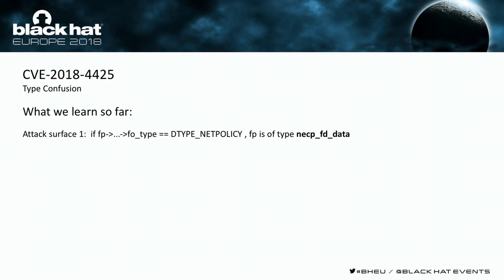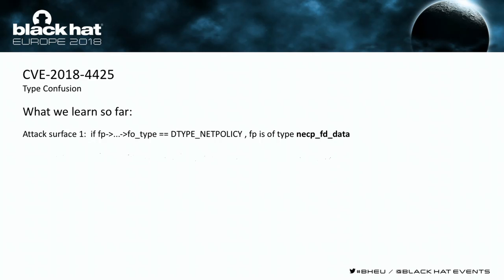In attack surface 1, it creates a kernel object NECP FD data, and then it will return the handle back to your fuzzer. You can use the handle to call NECP client action. The NECP client action will check if the kernel object type is type net policy. If yes, it will treat this object as NECP FD data.